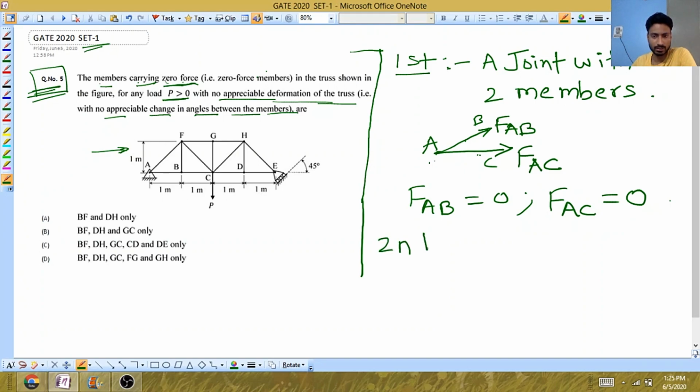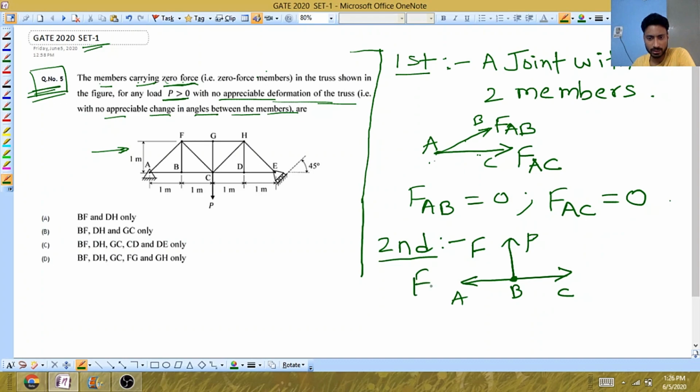Now coming to the second concept. The second concept says if a joint is formed by three members such that two members are collinear.